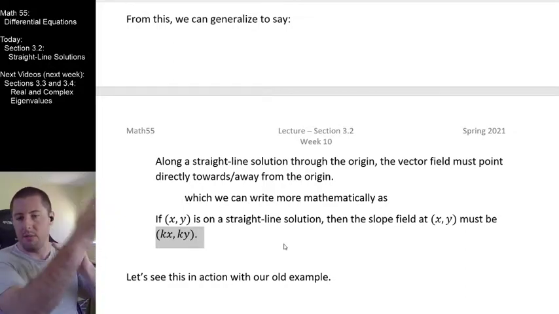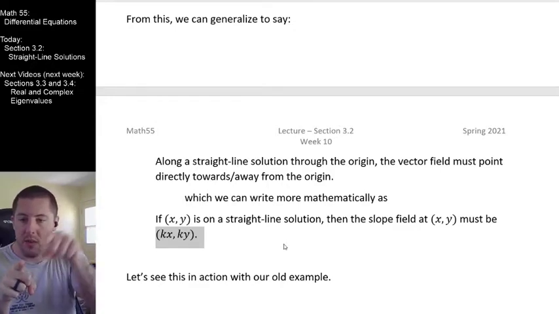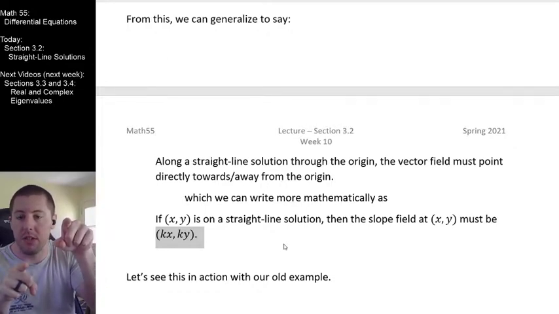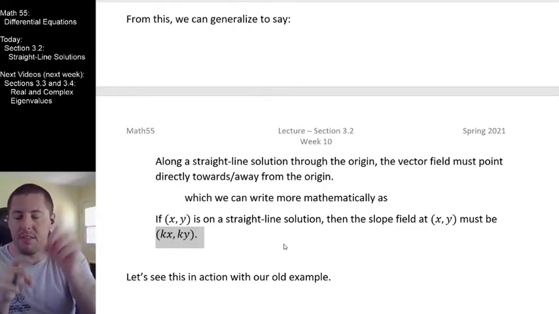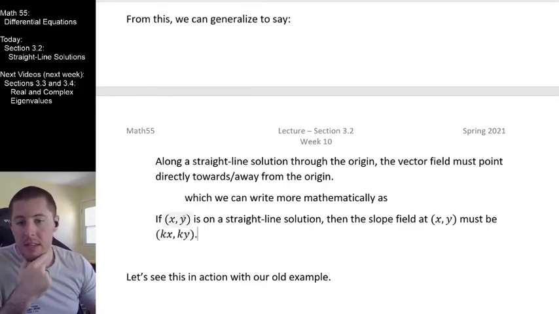So if we're at some point in space, we either need to be pointing directly towards the origin or exactly away from the origin. That means our vector is just some constant multiple of our location. We get negatives if it's going towards the origin, positives if it's moving away from it, or any constant multiple of it. This is the statement that's really going to help us identify whether we are on a straight line solution.